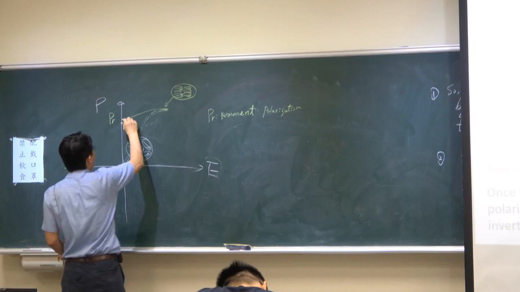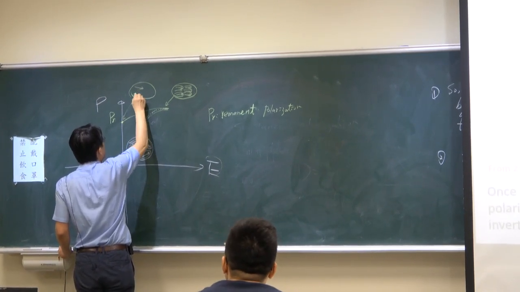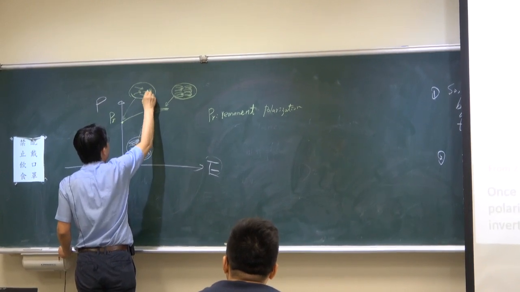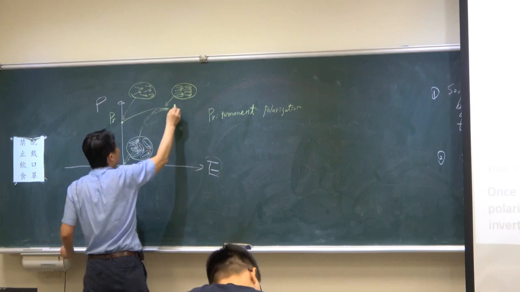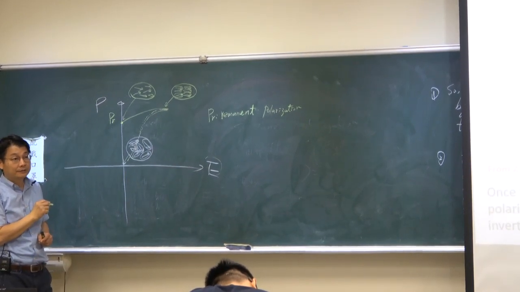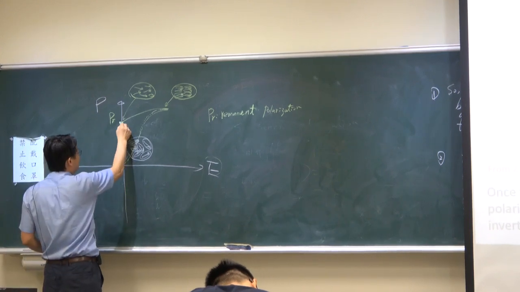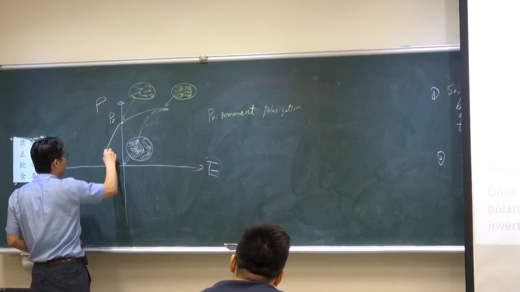So this remaining polarization, the polarization will slightly shift, but still maintain the same direction. But once you apply a negative bias, a negative electrical field, you will switch to here.